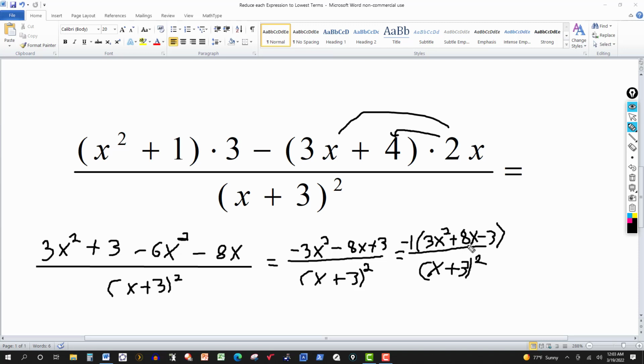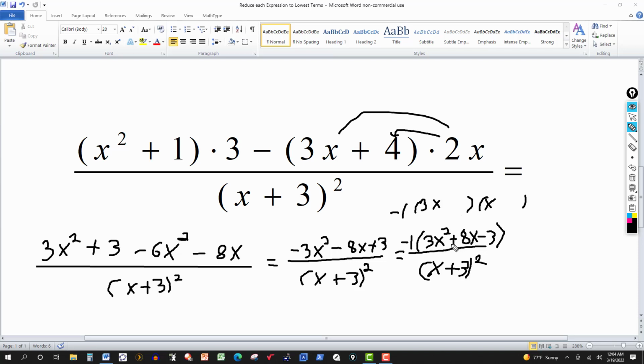And then we see if we can factor this trinomial, just in case there's factors common with the denominator. So I'm just going to do it right above here. So I'll put the minus 1 there, and I'll put my 2 sets of parentheses. So let's look at the first term. I have a 3x squared, so I can break that down into 3x and x.